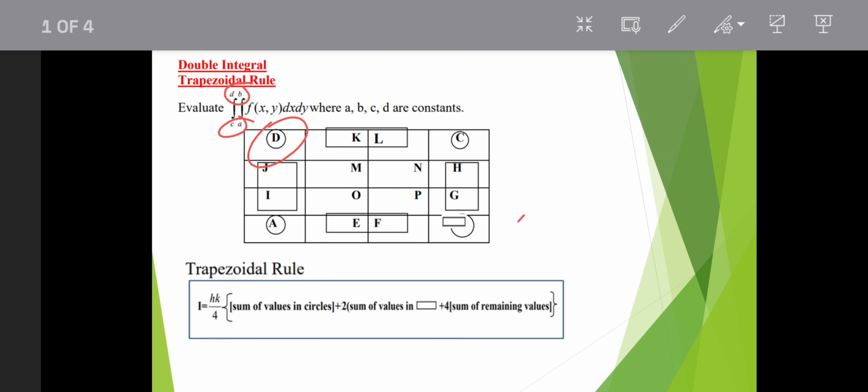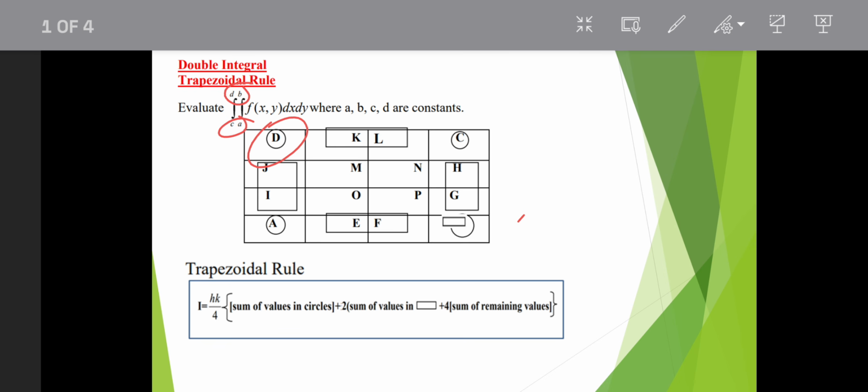Next, the boundary points shown inside rectangles lie on the edge of the region but are not corner points. These points are shared by two adjacent subrectangles. Finally, the interior points, which are the remaining points inside the region, are shared by four surrounding subrectangles.